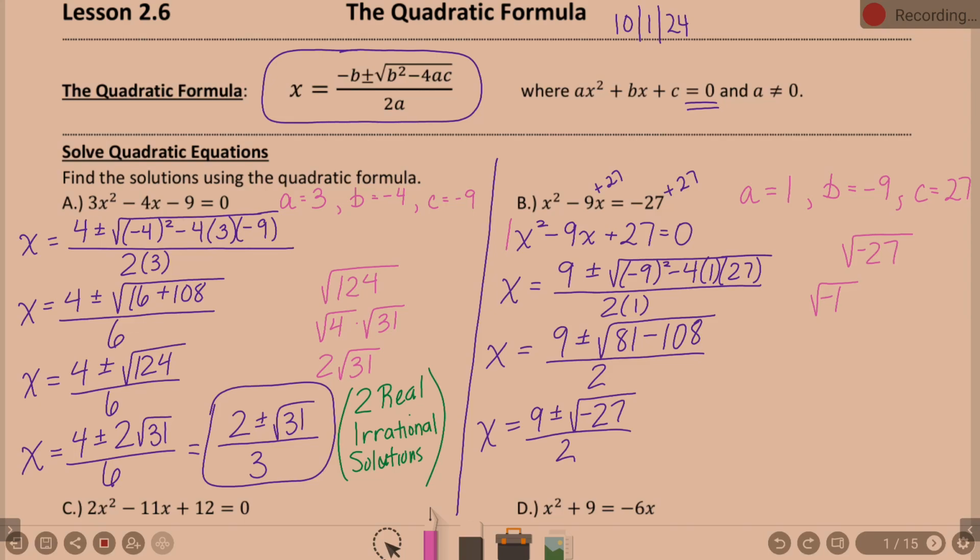And here's my hint. It's like 3 and 9. So 9 times 3 is 27, yes? And why did we pick 9? Well, 9 times 3 is the only way to get 27, but also 9 is a perfect square. So square root of negative 1 is going to be i. Square root of 9 is going to be a 3. Square root of 3 is going to be square root of 3. So when you put this all together, you end up with 3i square root of 3.